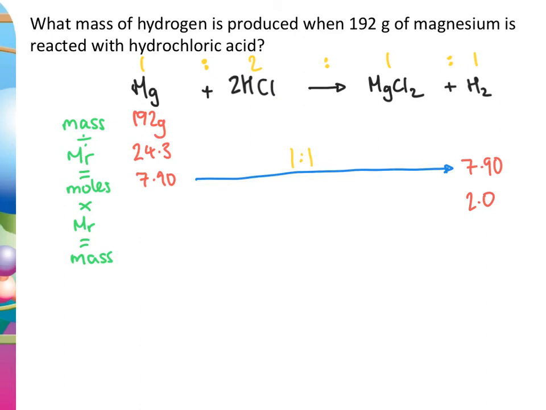Actually, the next digit is 0, and we started with 192 grams of magnesium, so that was 3 significant figures. So this is the right number of significant figures. So if we had 192 grams of magnesium and this reaction took place, then we would make 15.8 grams of hydrogen.